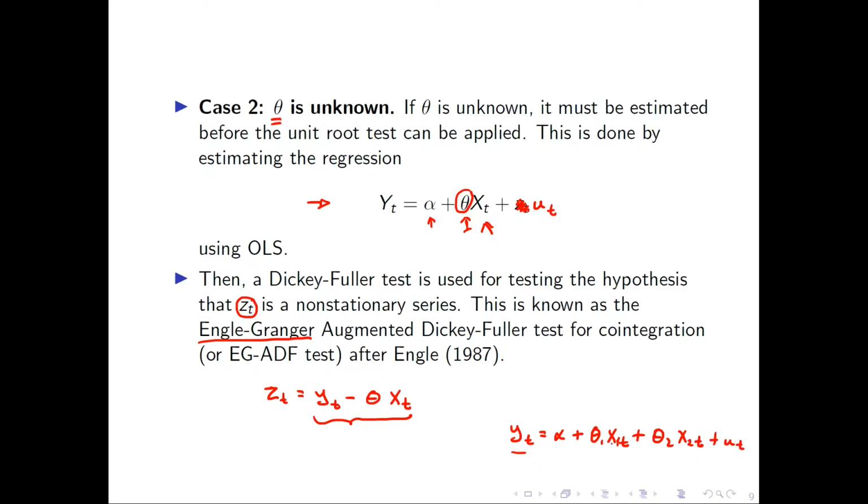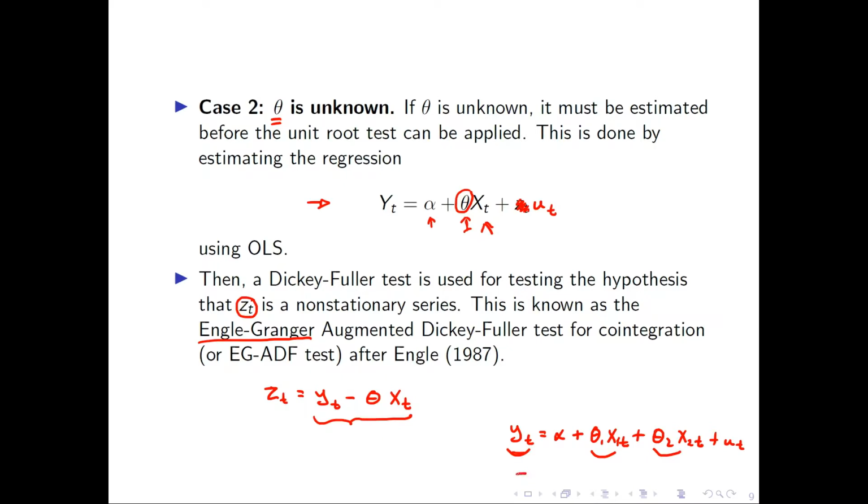So here we are assuming that the difference between the y variable and theta 1 of the x1 variable and theta 2 of the x2 variable would be stationary.